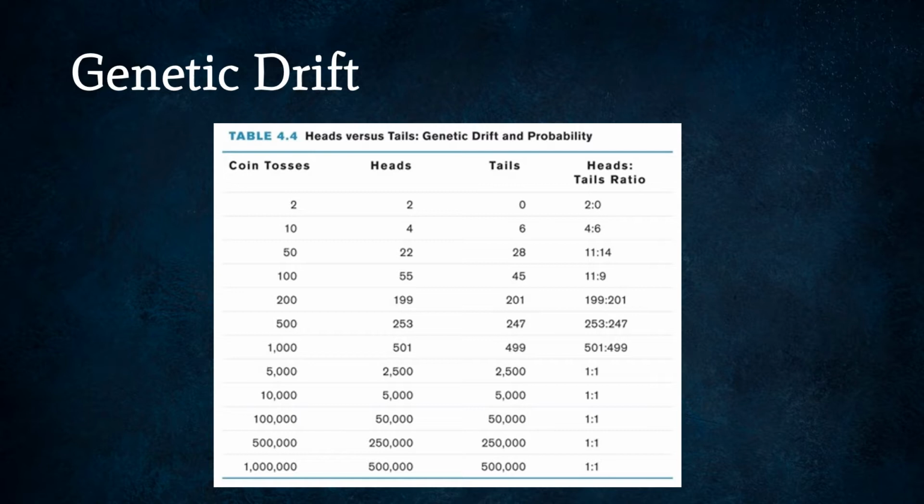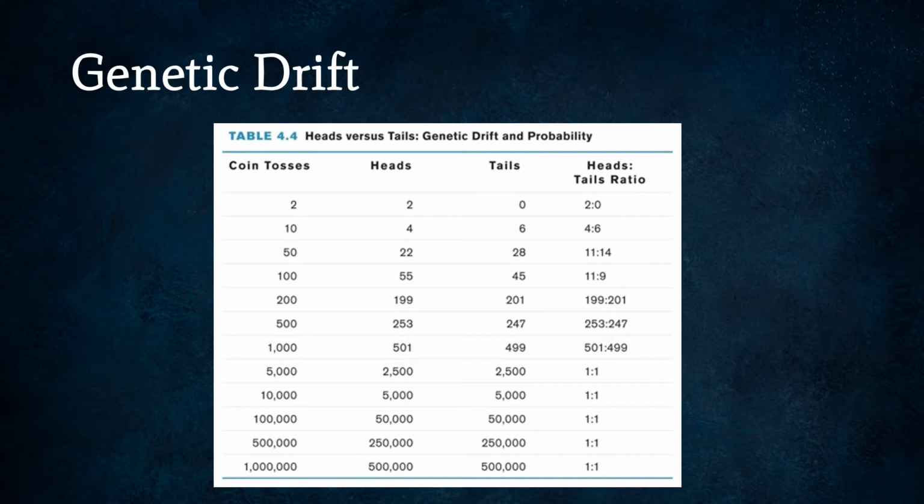As we can see here in this table, we are looking at coin tosses, and we can see how the more coins you toss, the more accurate your results are going to be. We know that it's a mathematical fact that there's a 50-50 chance of coins being heads or tails. When we only toss 2 times, we are not getting the right ratio.